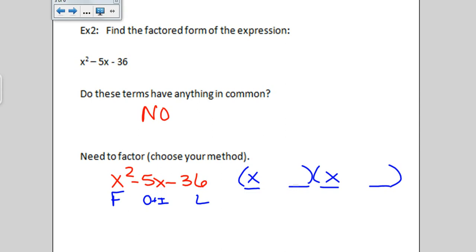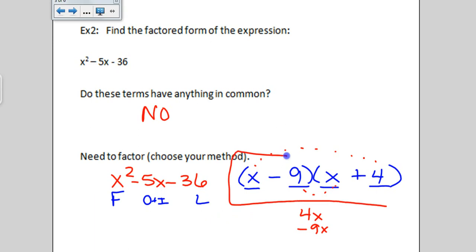So I'm thinking 9 and 4 would be a good option, except I got to figure out who's going to be negative. So if I put a negative 9 and a positive 4, and I check my outer plus inner, that would give me a 4x and a negative 9x, which sure enough does give me a negative 5. So this is the correct factorization.